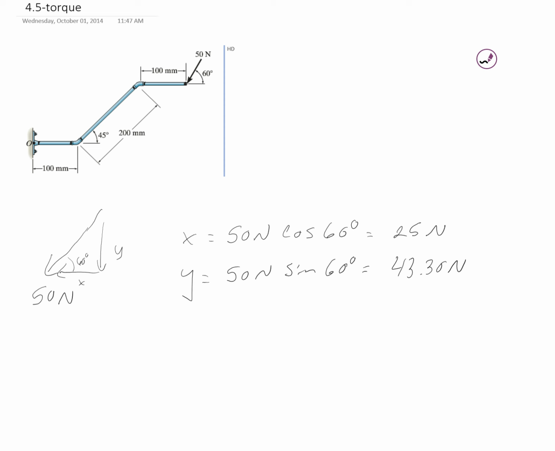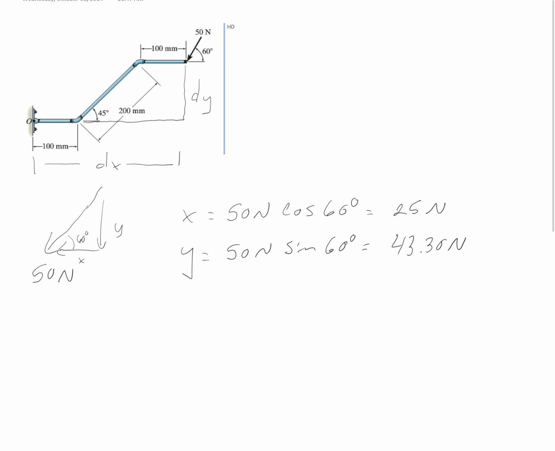Now what I need to do is find my distances. This will be my dy, and then all of this is my dx. Well, I have one segment that's at an angle, 200 millimeters.